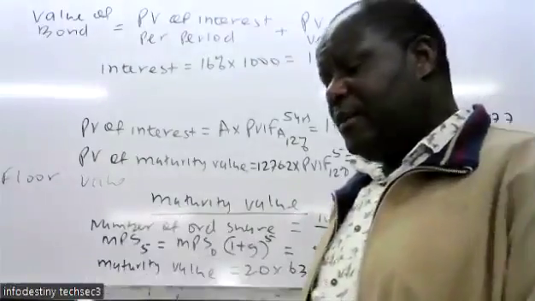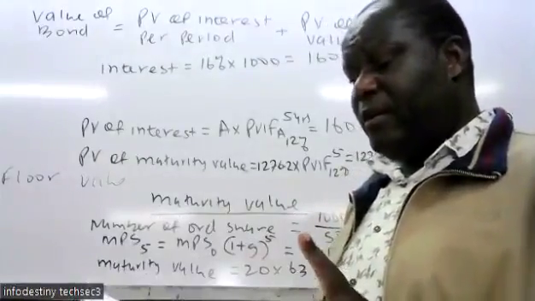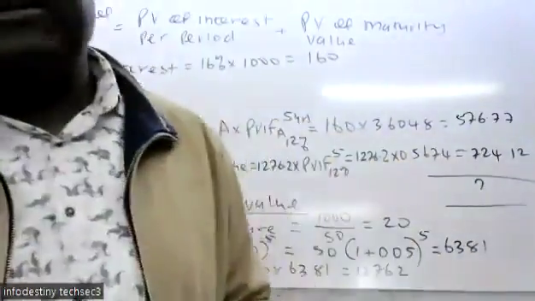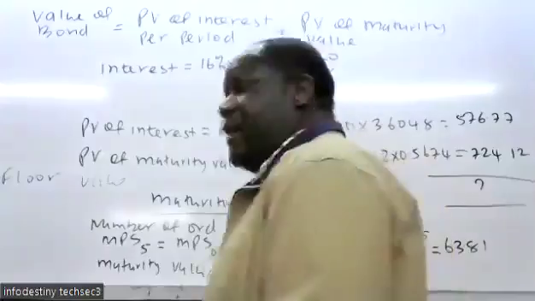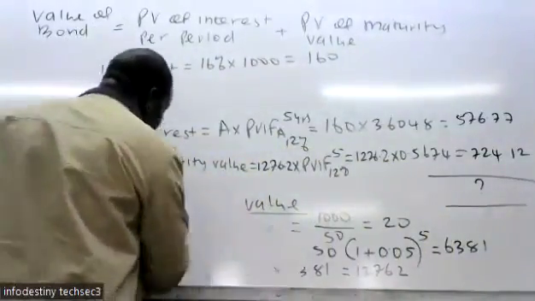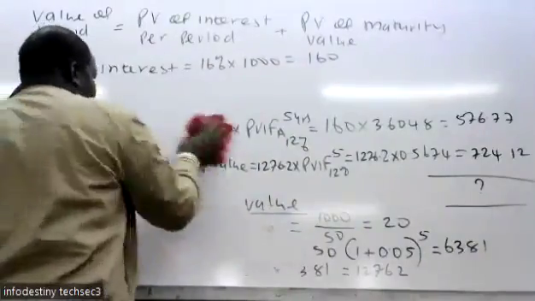So we start off with the Roman letter 1: how to calculate the current value or simply the market value of the bond.